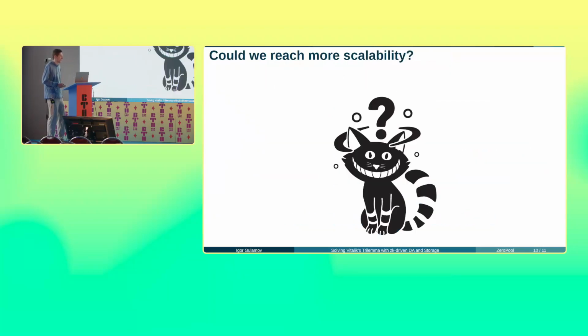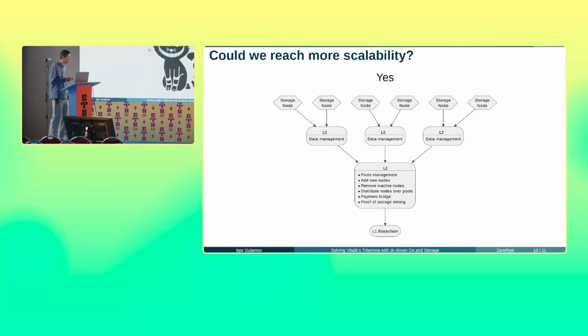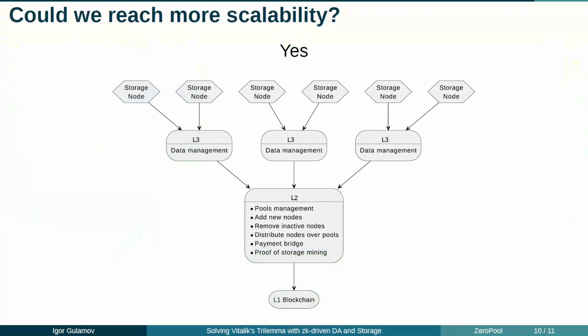Next, could we reach more scalability? The answer is yes, because we unlocked recursive rollups. We can build a network of rollups providing an infinitely scalable system. The only overhead here is that we need to manage mining nodes on the top layer to prevent concentration of malicious nodes in one single segment of the network.